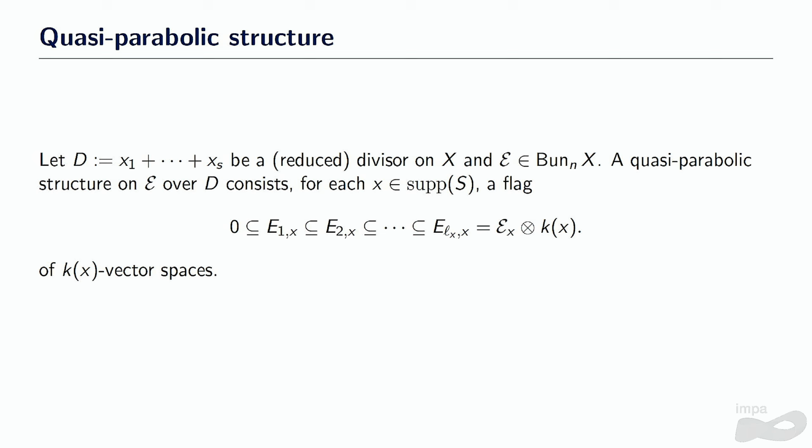If you take a reduced divisor, you look at the fibers of the vector bundle, and just choose a flag of vector spaces, then we have a quasi-parabolic structure on D. So start with D, a reduced divisor on X, the curve, and for each point in the support of D, we have a flag of vector spaces over the residue field of the point.